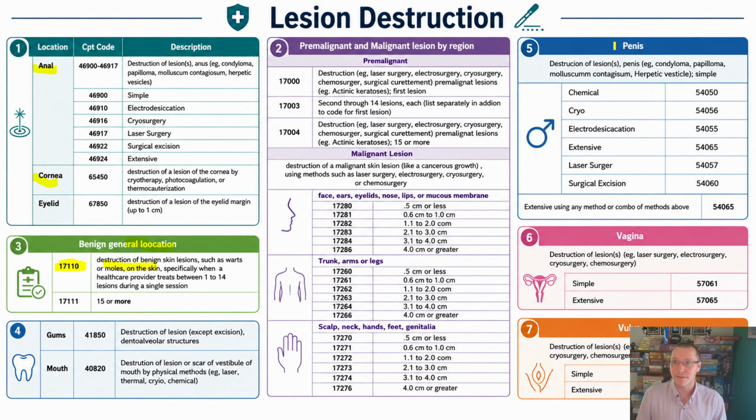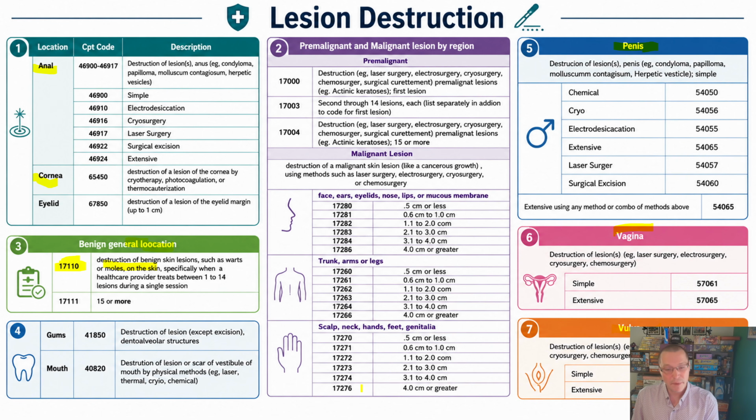So, for example, if you're destroying a lesion on the penis, vagina, or vulva, all of those will have their own specific codes that should be reported instead of this basic code here. I'll break down further down in the video for how you can break this down even further to make certain you're maximizing your revenue. So just make certain you are reporting your codes to the highest level.